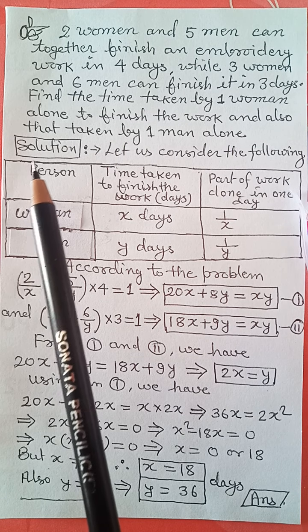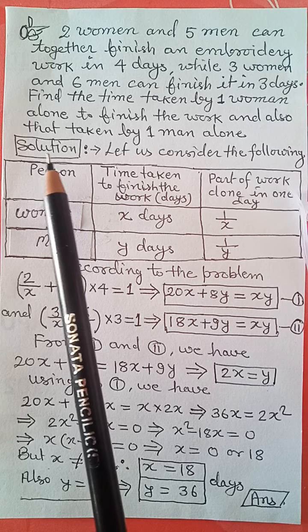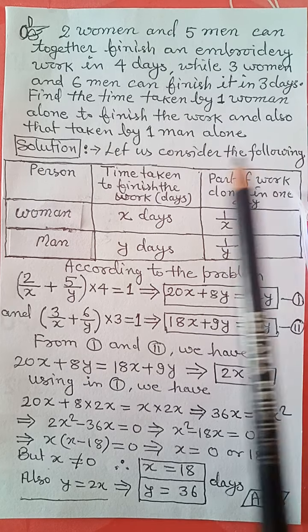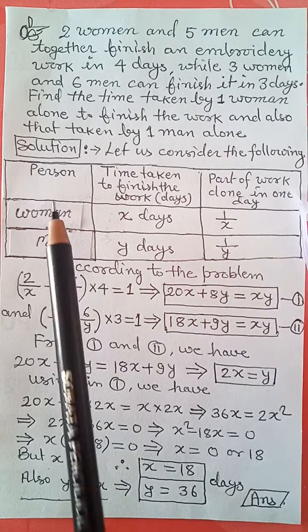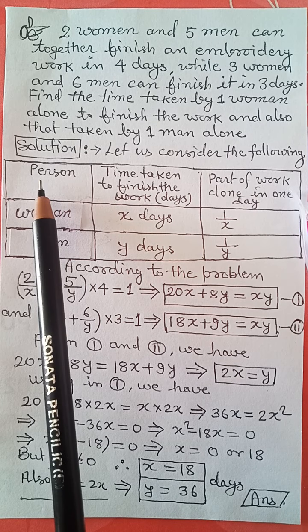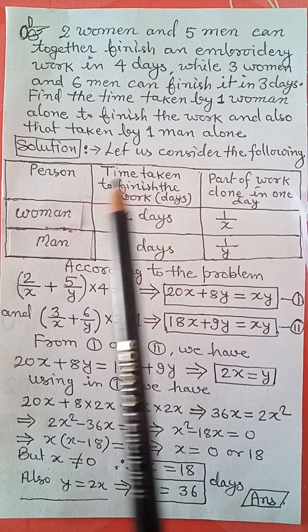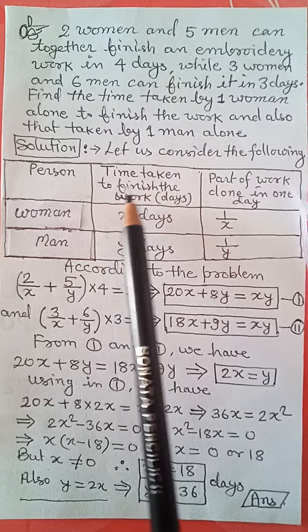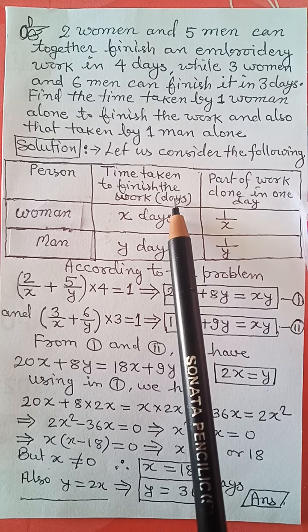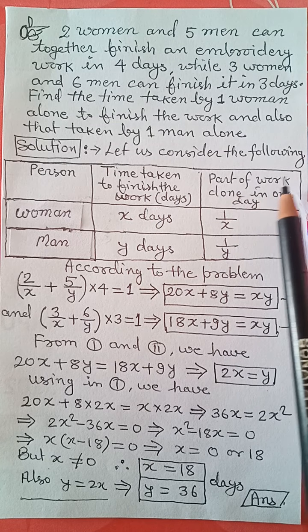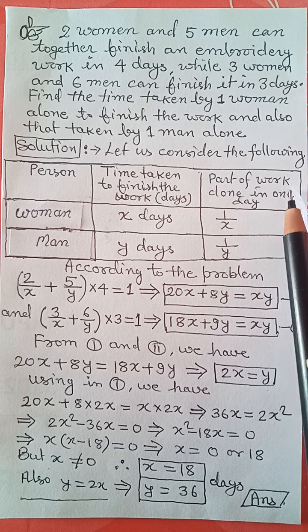Let us proceed for its solution, and for it let us consider the following information. Here it is person, time taken to finish the work in days, part of work done in 1 day.